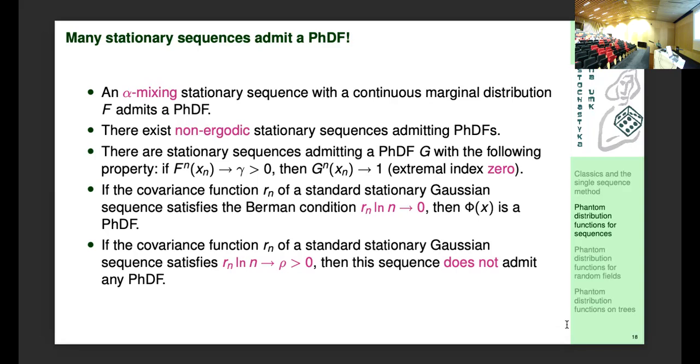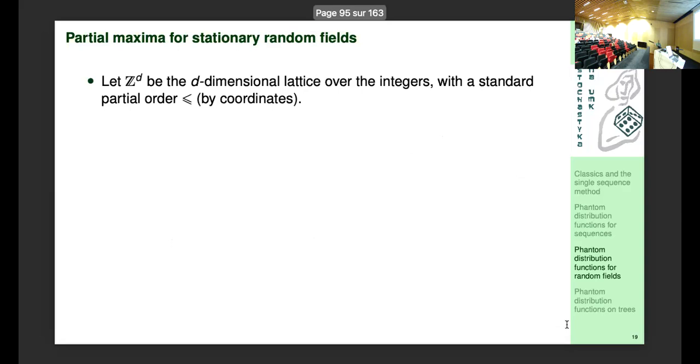in data analysis and in simulations. What is the situation related to more complicated structures like Z^d? Our aim, I mentioned something on trees, but before that we have some structure which is rich by itself, very regular. This is the lattice over Z^d.